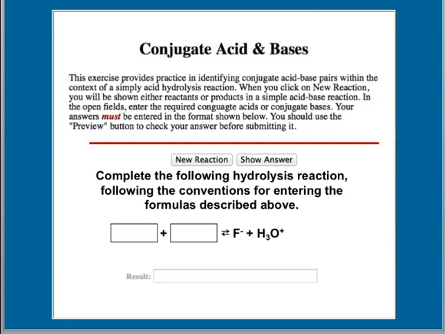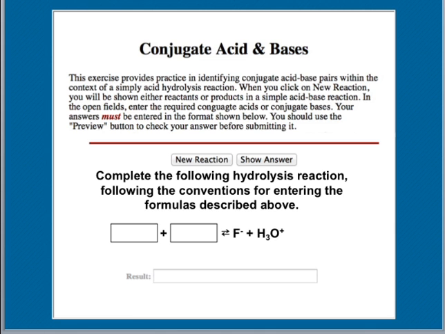What you do in these is type something into these fields. You can't do superscripts and subscripts, so you just type it in straight and it'll figure out what you're trying to say. What we're doing here is looking for the acid and the base that can react to give F- and hydronium.